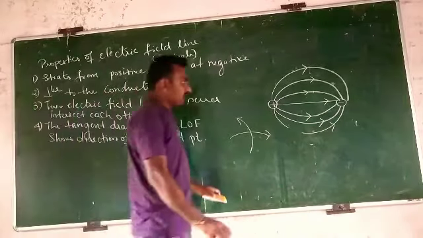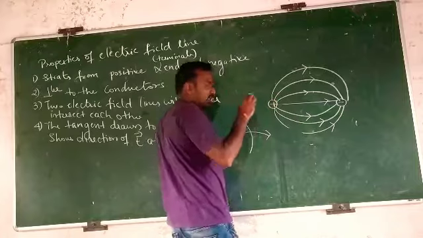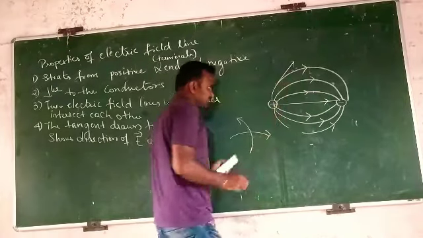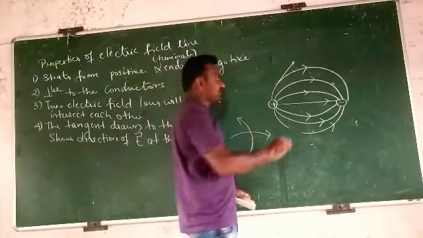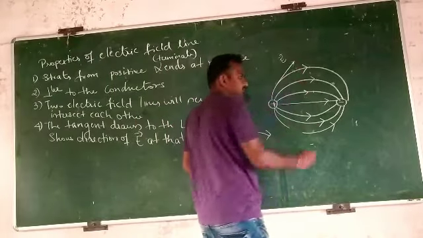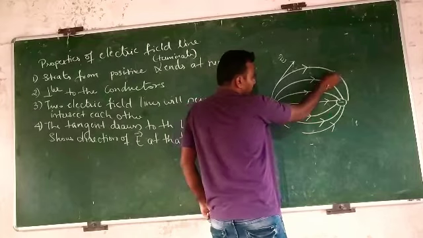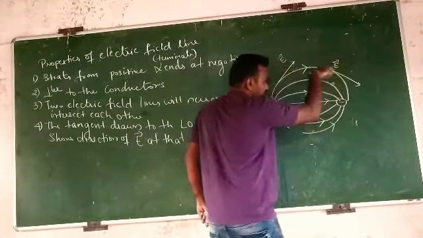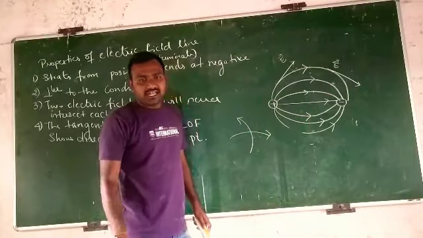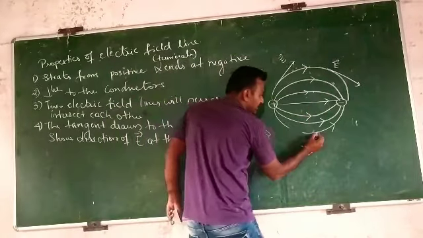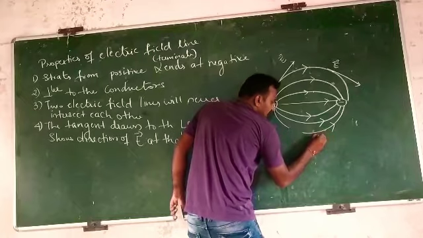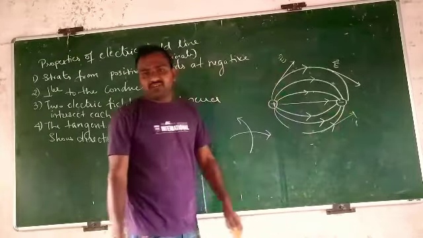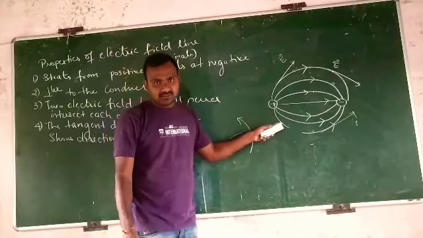It means if I draw the tangent at this point and at this point, this is the direction of the electric field. Similarly, at this point, if I draw the tangent, this will be the direction of the electric field at that point.